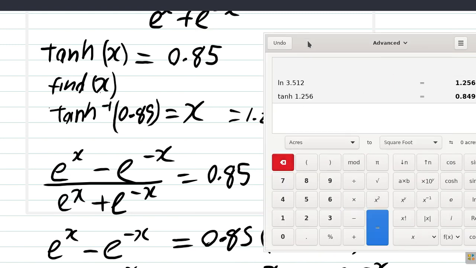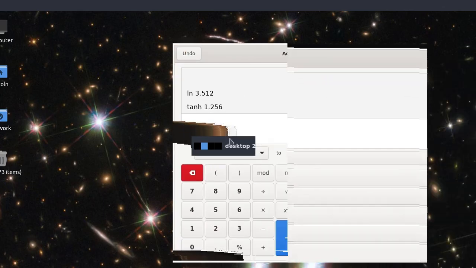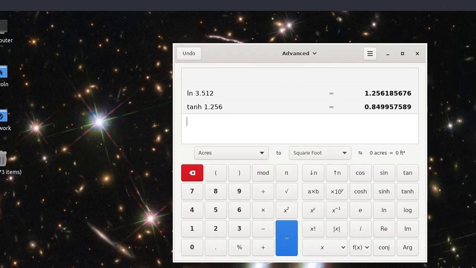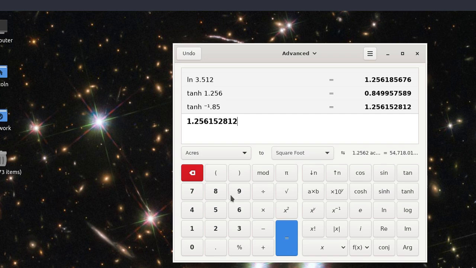So what we have? Oh no, what happened? All right, the program crashed, but I remember it says 1.256, tanh inverse of 0.85. Was it that? 1.256, right? So that's it. So there we go.